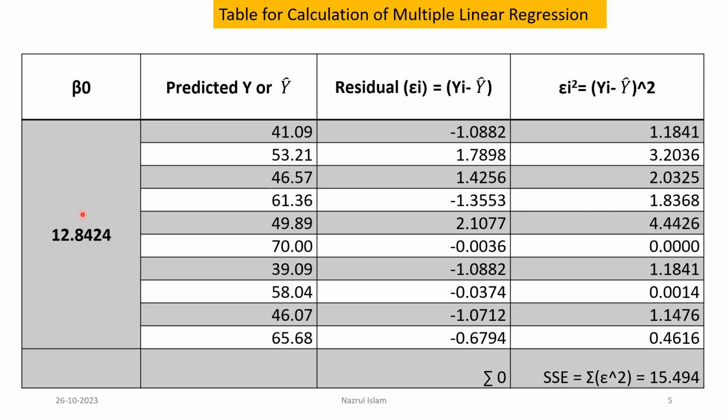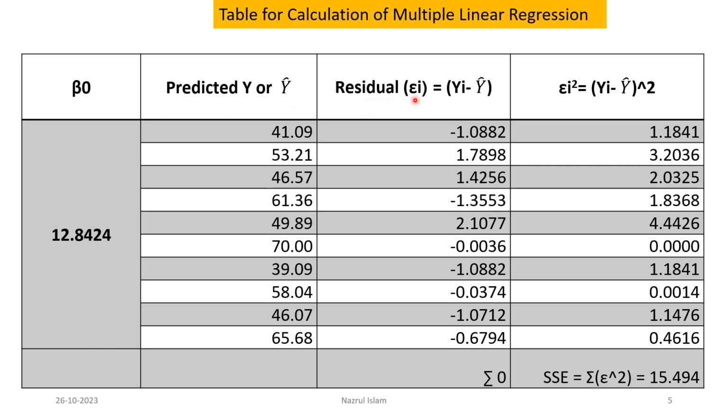Then we will determine beta 0, and at a later stage I will show you how to determine beta 0. Beta 0 is the intercept, the y-intercept, and then we will determine the predicted y or hat y. This is the formula by which we will determine the predicted y or hat y. Then we will determine the residual.